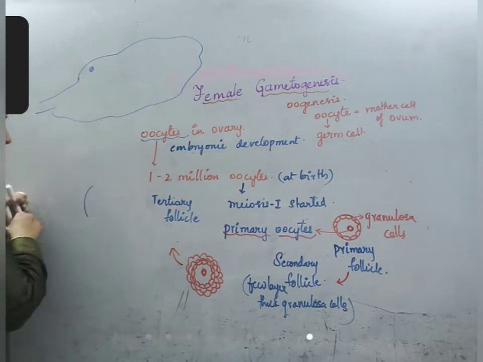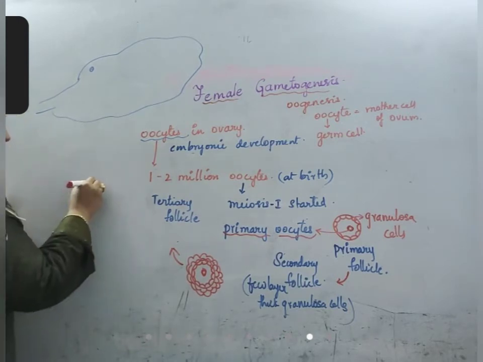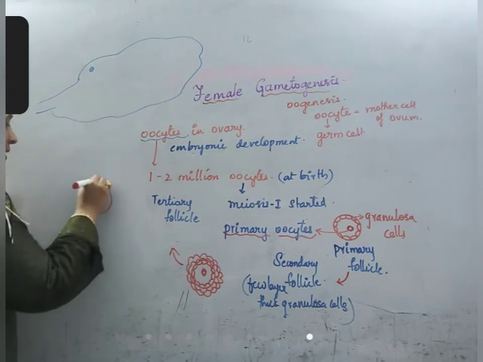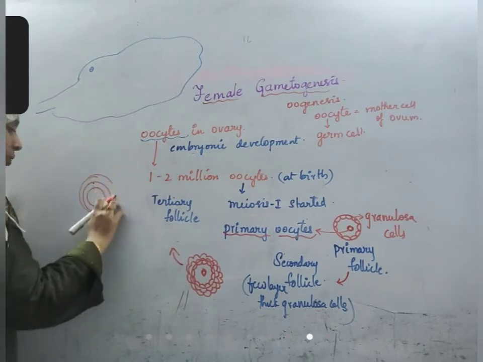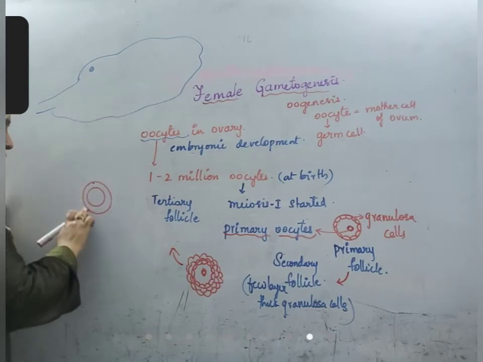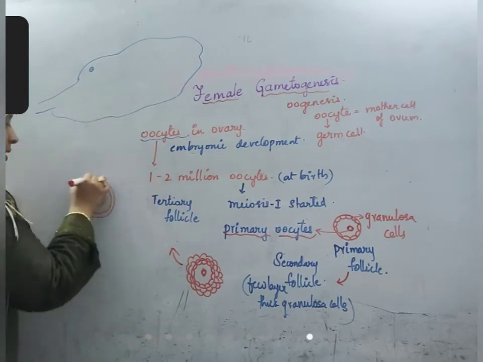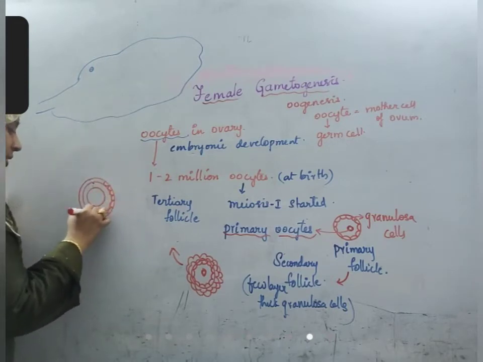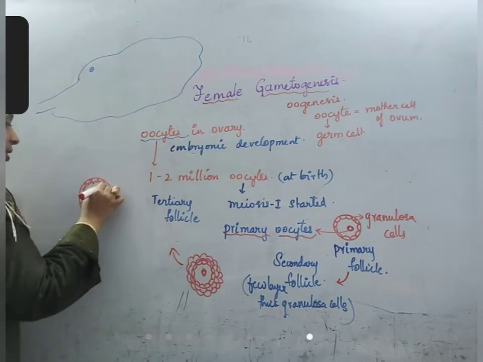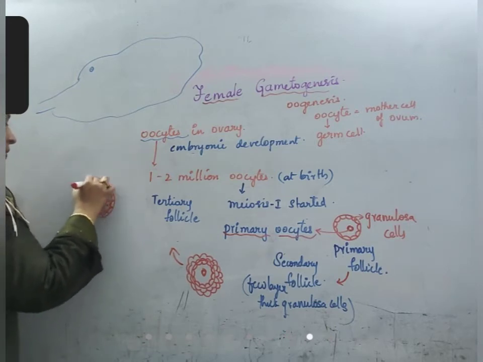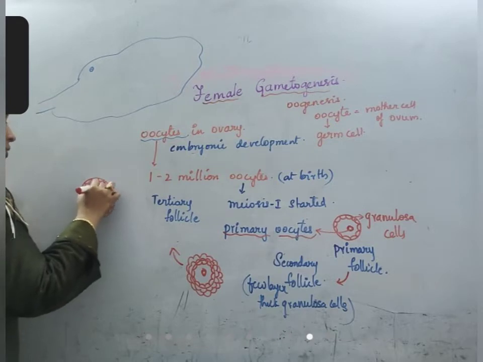There are several layers of granulosa cells. This is one layer, this is one layer, this is one layer. Like this, so many layers, 3-4 layers. So many means it's not more.